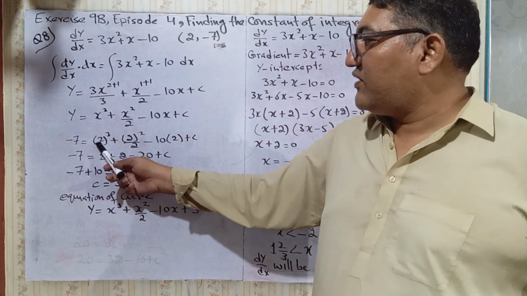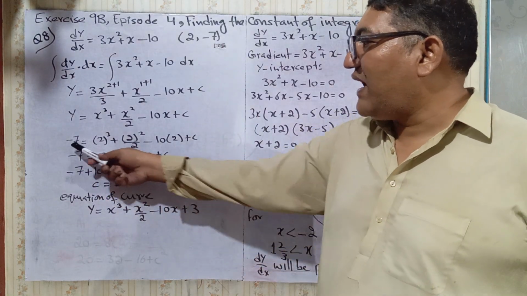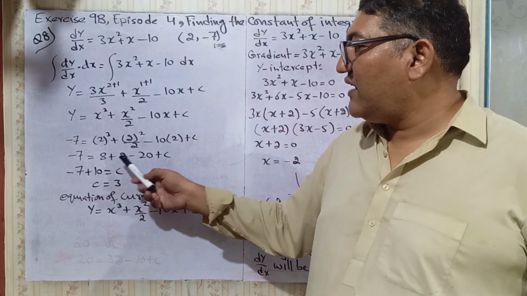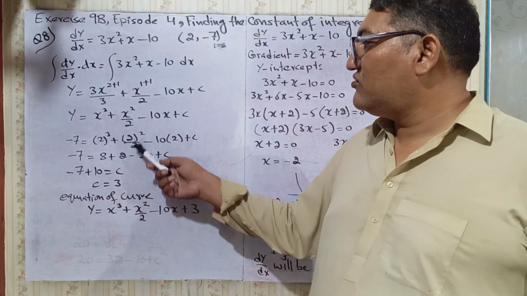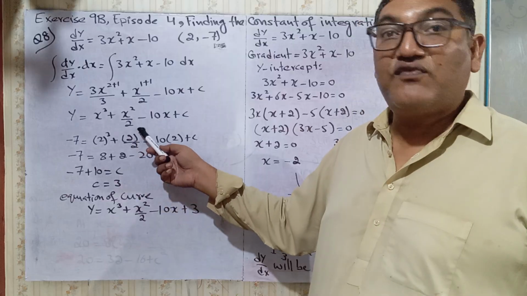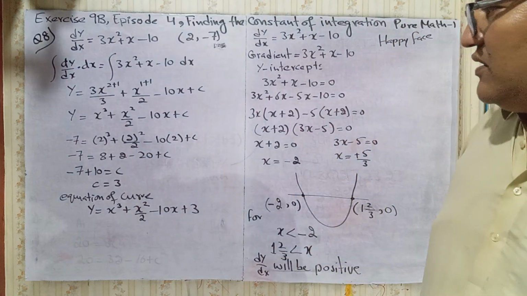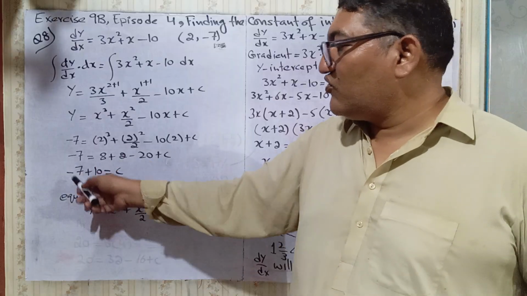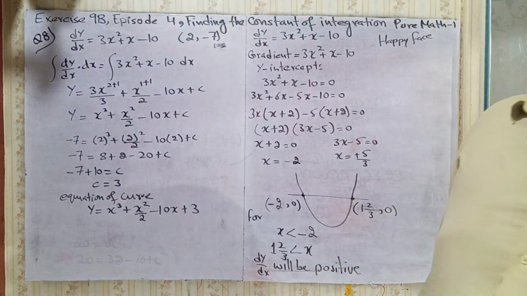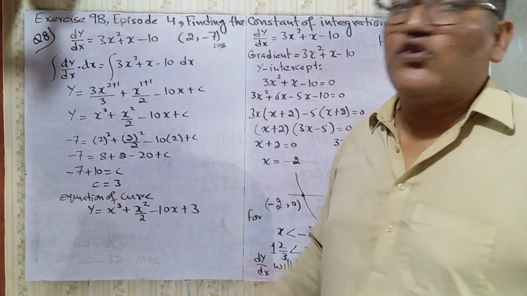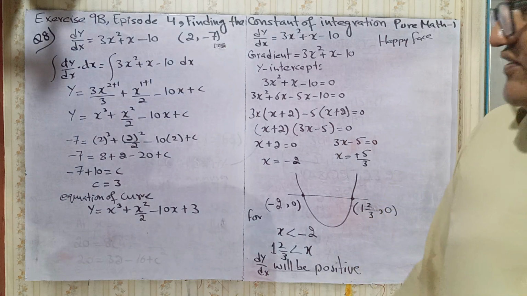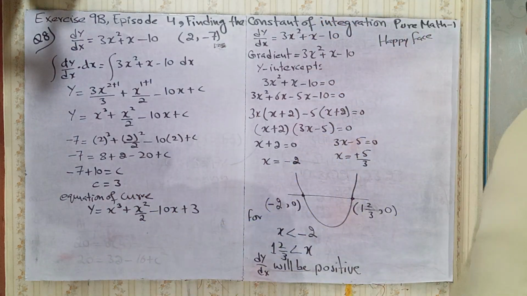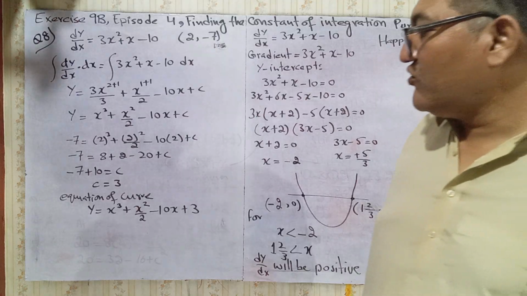So −7 = 8 + 4/2 − 20 + c, which becomes −10 + c. This goes to the other side and becomes plus 10, so −7 + 10 is 3. So we found the value of the constant of integration. So the equation of the curve is y = x³ + x²/2 − 10x + 3.